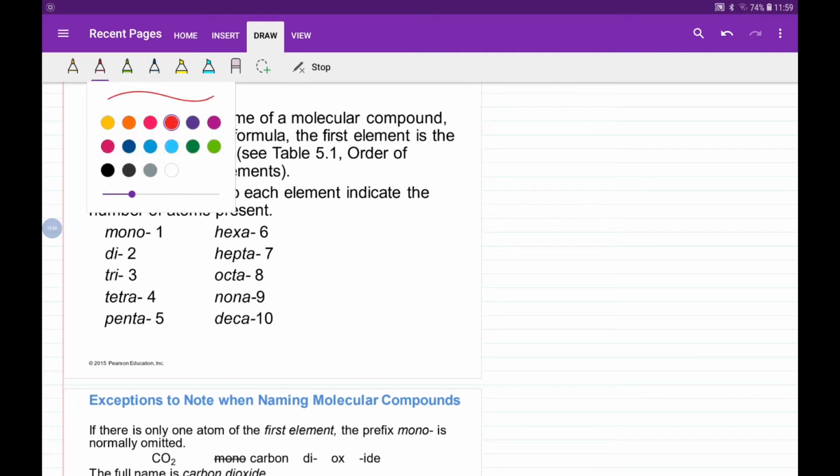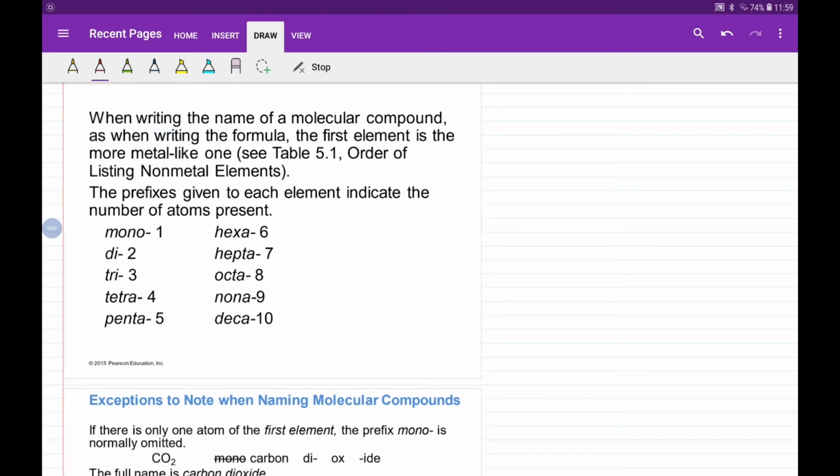It's mono for 1, di for 2, tri 3, tetra for 4, penta for 5, hexa for 6, hepta for 7, octa for 8, nona for 9, and deca for 10.